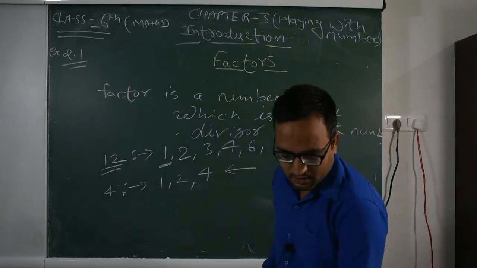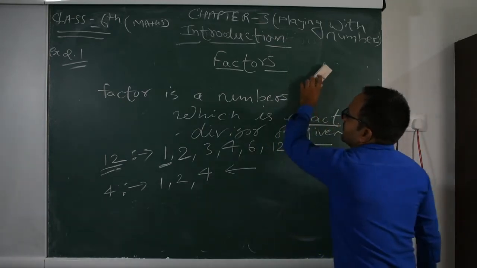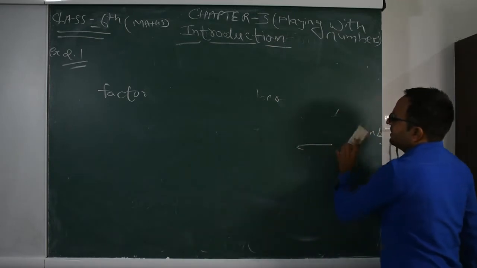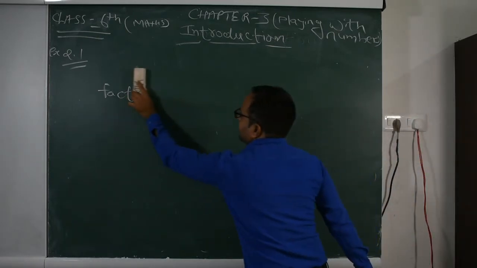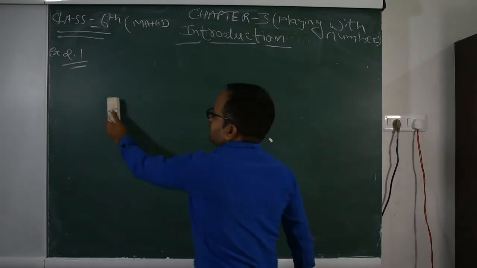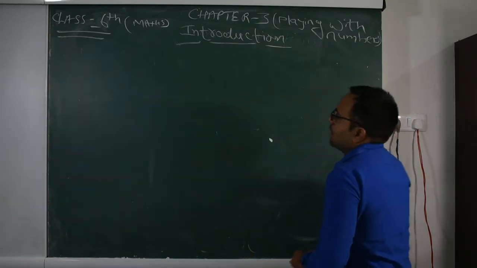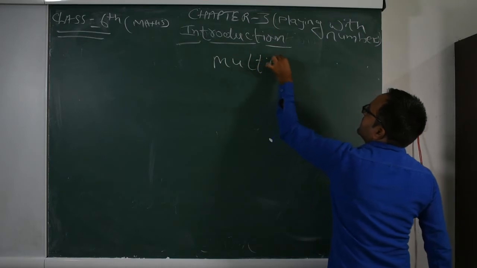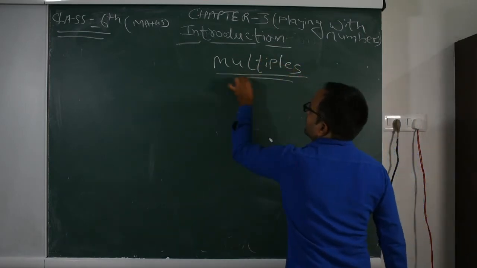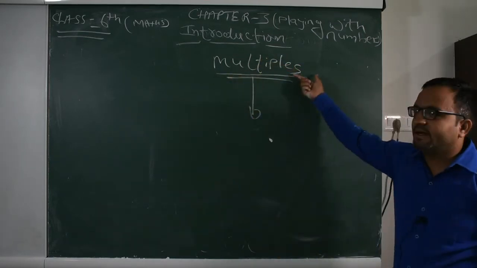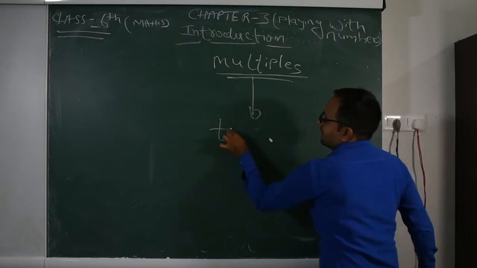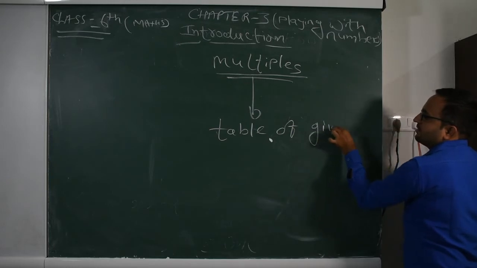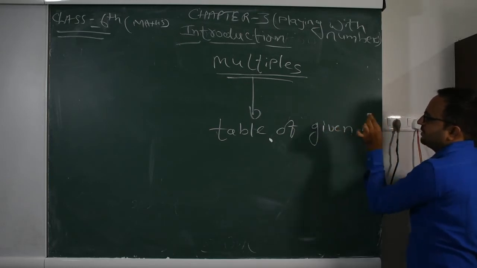Okay. Now your next topic is multiples. How to find multiples of a particular number. We also say a multiple is a table of a given number.